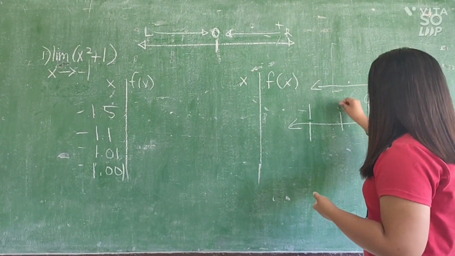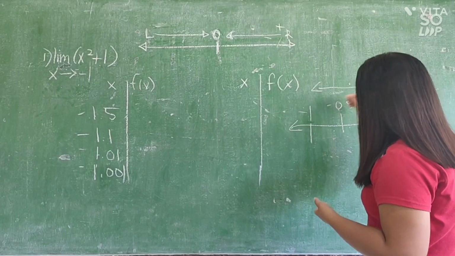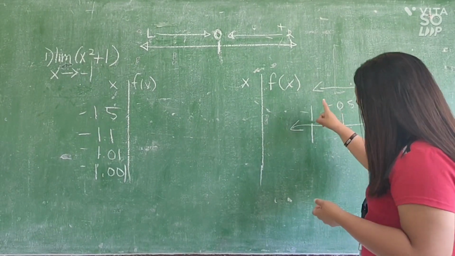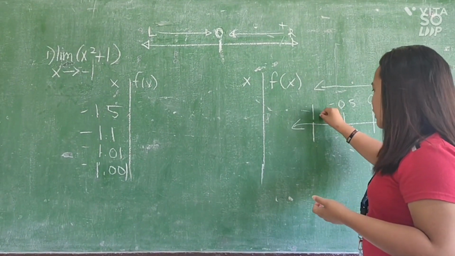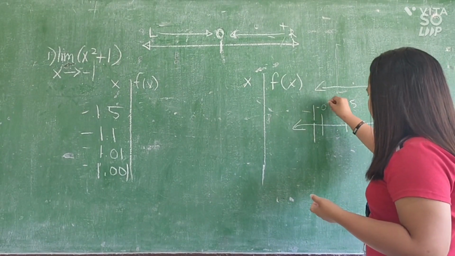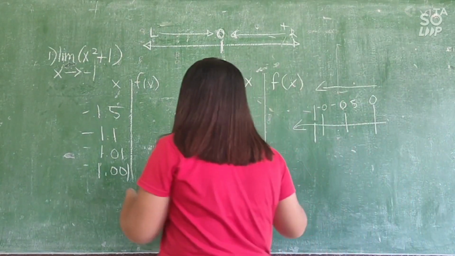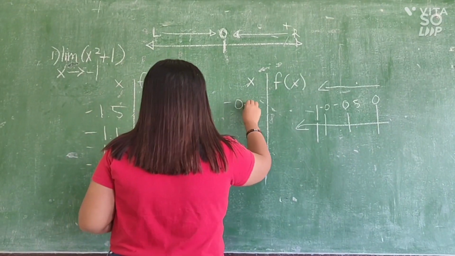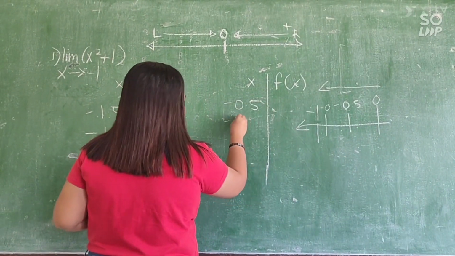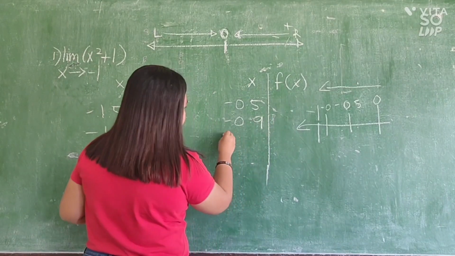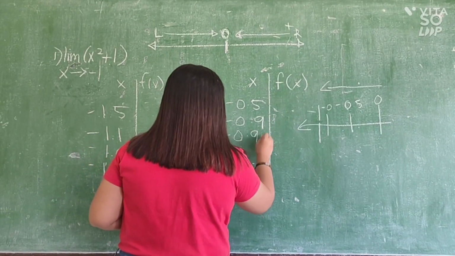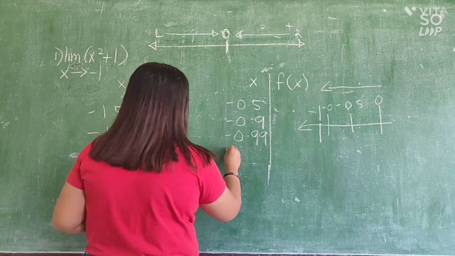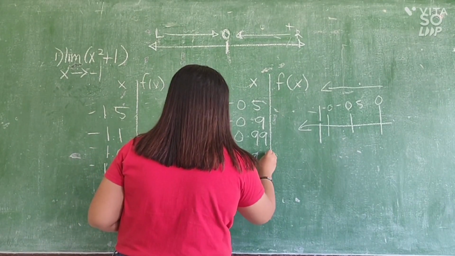The middle is negative 0.5, and going up toward negative 1, that is negative 0.9, and so on. We take up to 3 decimal places: negative 0.5, negative 0.9, negative 0.99, and negative 0.999.